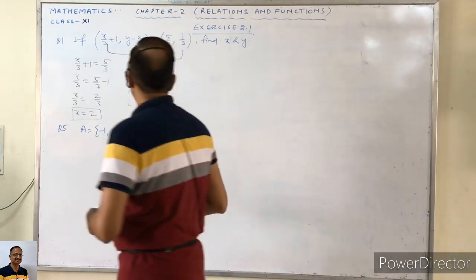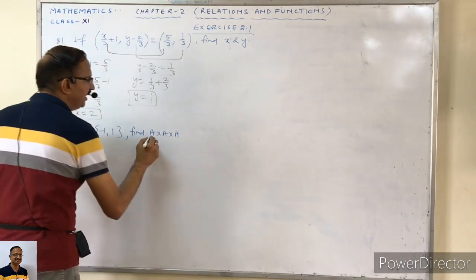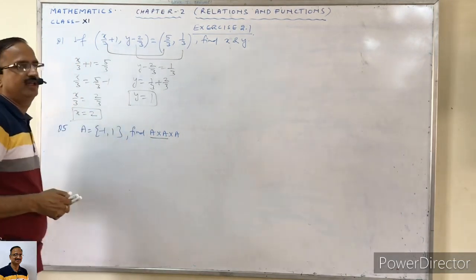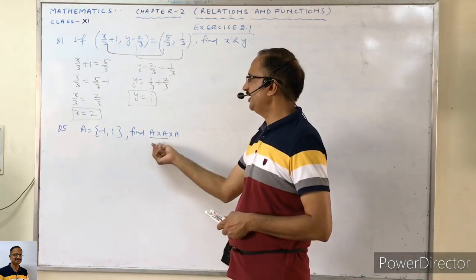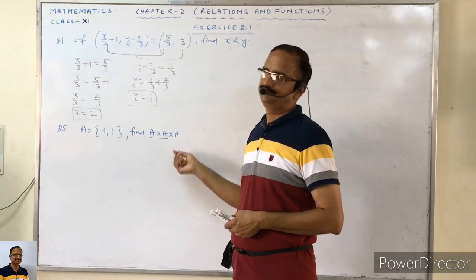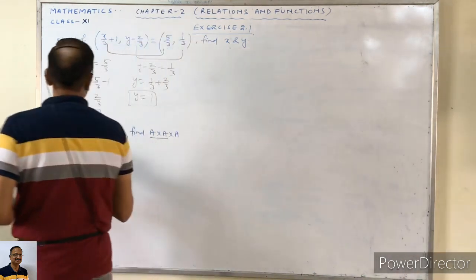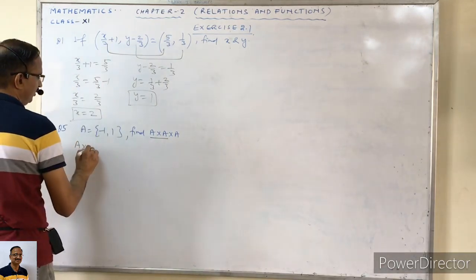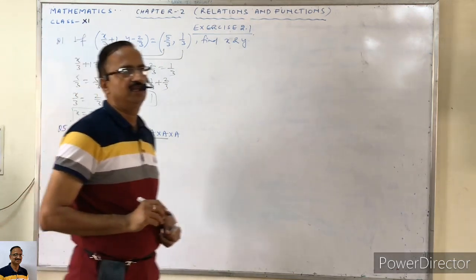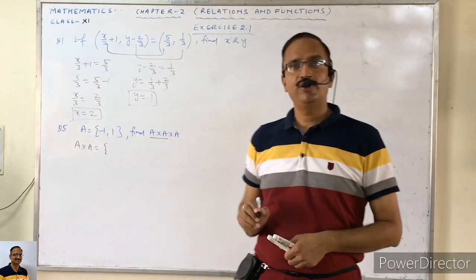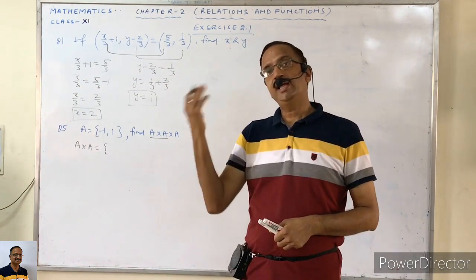So first of all, we will find A cross A. Then find the combination of A cross A with A. So what is A cross A? A cross A means Cartesian product of A and A.